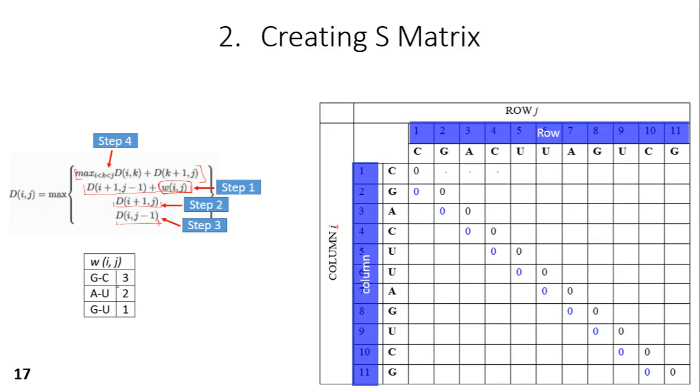Okay, in simpler words, when your G base pairs with C, the coupling energy is assumed to be 3. When your A base pairs with U, the coupling energy is assumed to have the value of 2. When your G base pairs with U, the coupling energy is assumed to be 1.